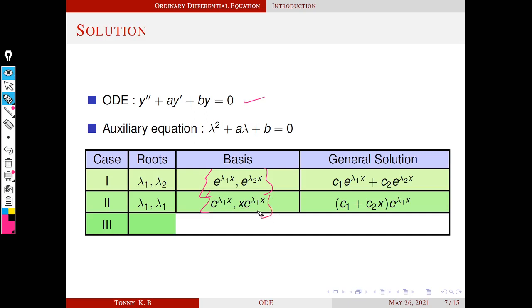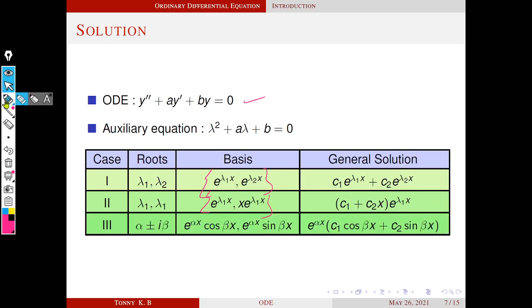So this set forms a basis. The general solution is a linear combination of these two, that means c1 times this one plus c2 times this one. And e raised to lambda 1 x is common, so you can take it outside. The compact form is (c1 plus c2 x) times e raised to lambda 1 x. This is the general solution corresponding to the second case.